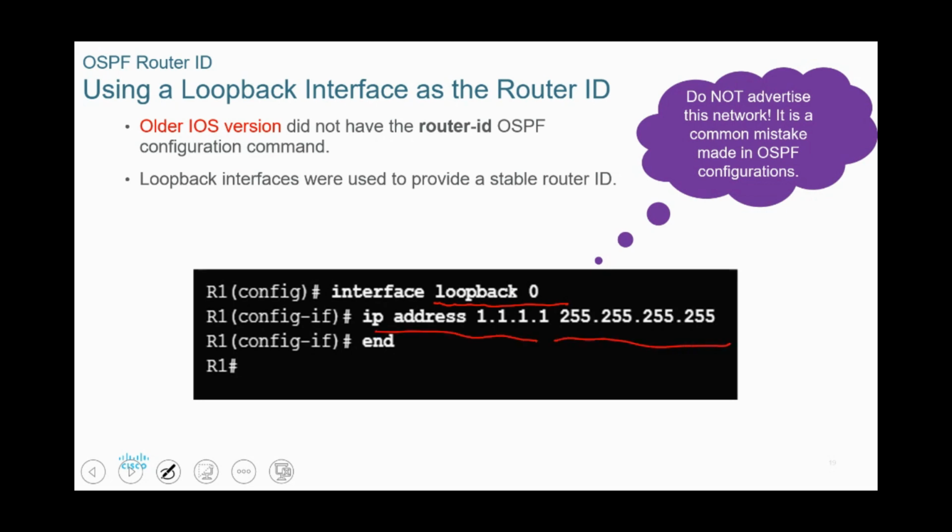Do not advertise this network. It is a common mistake made in OSPF configuration. So when you have your interface loopback 0, please do not advertise this network.